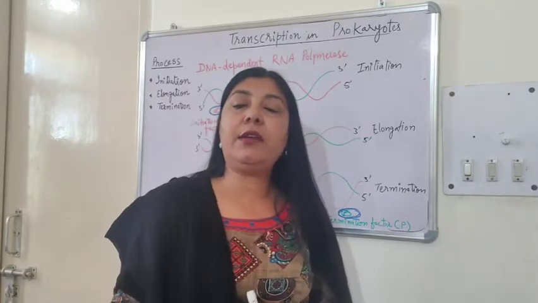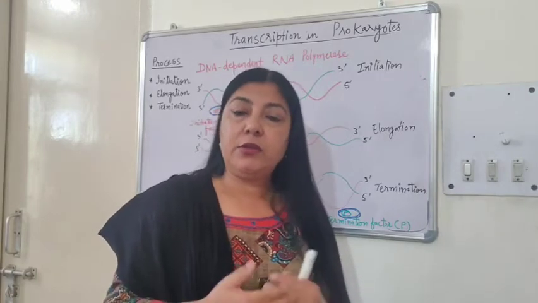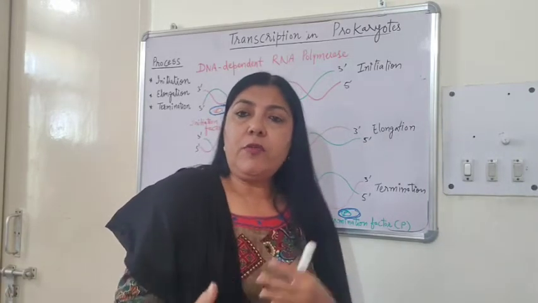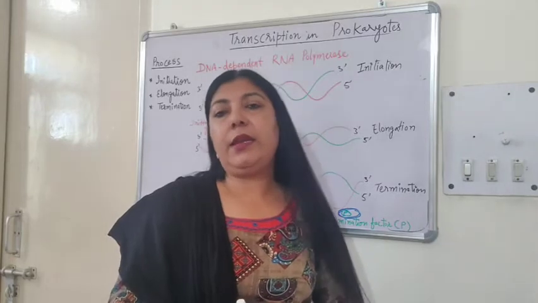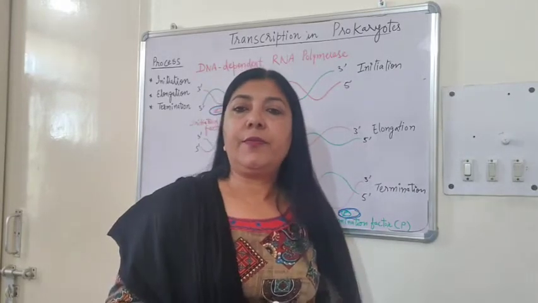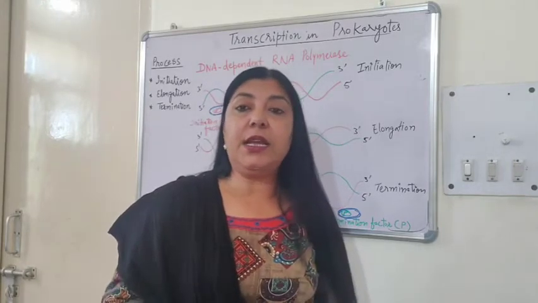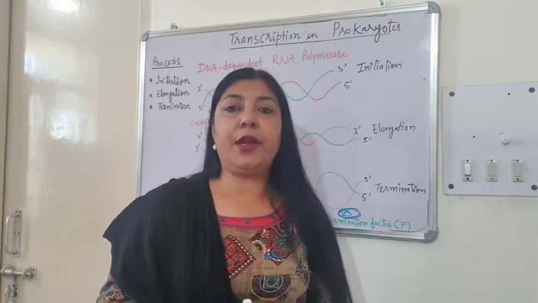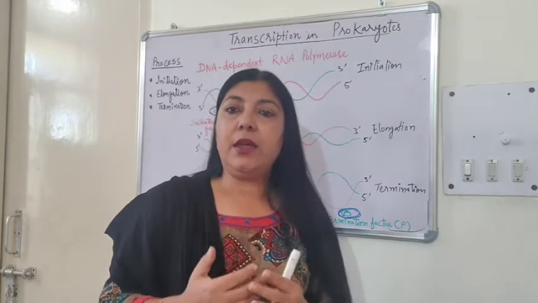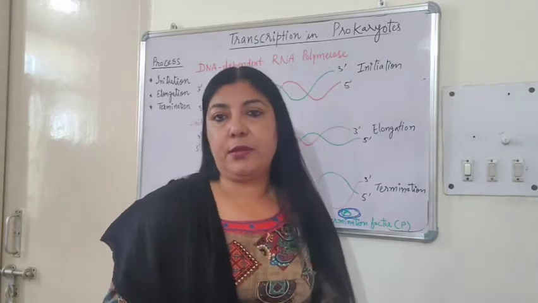It will have alternate introns and exons, which I'll explain. So, there is a lot of processing required in case of the transcription in eukaryotes. So, let us study the complexity in eukaryotic transcription. Basically, the processing required after these three steps.